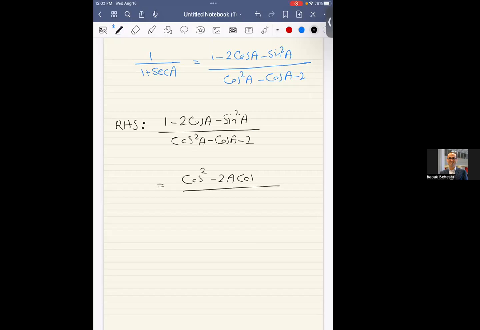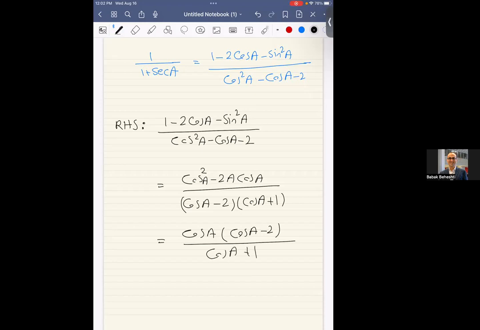You can factor it as what? Cos A times cos A minus 2, divided by cos A minus 2 times cos A plus 1.